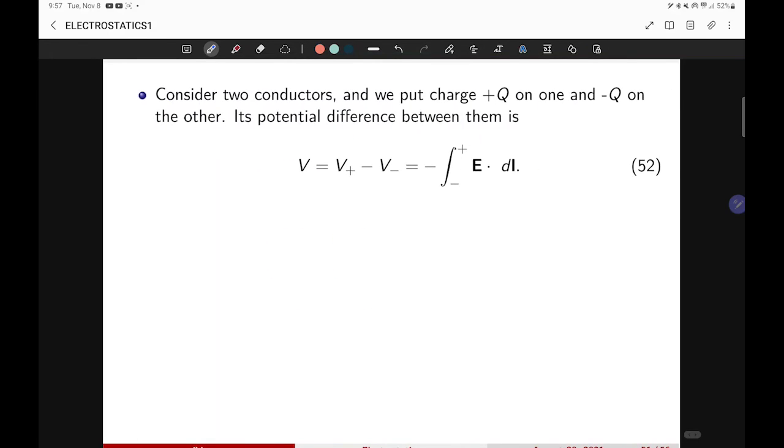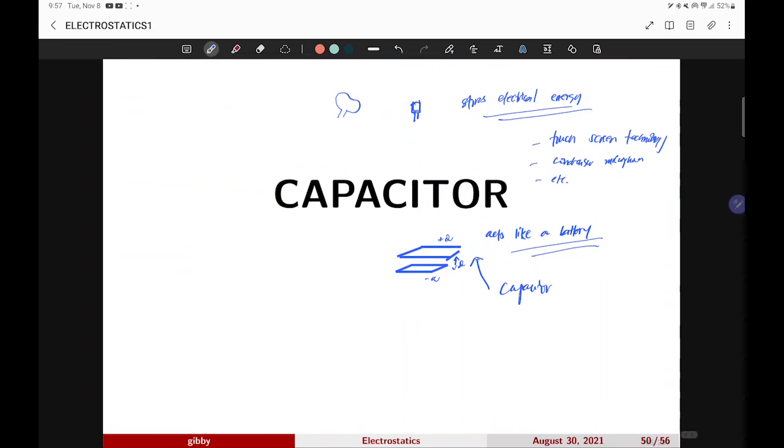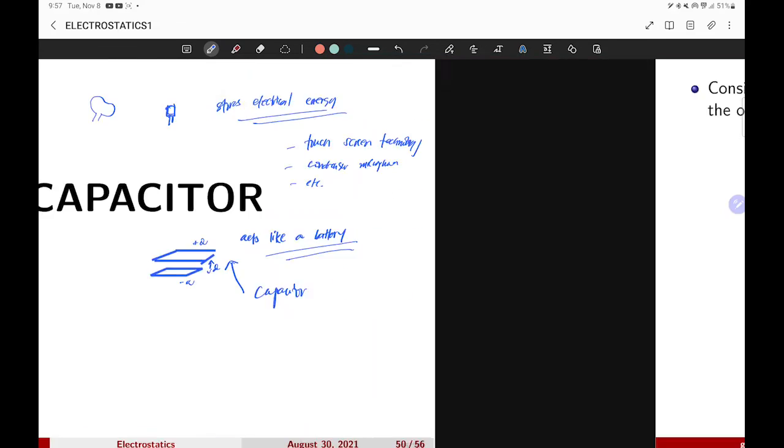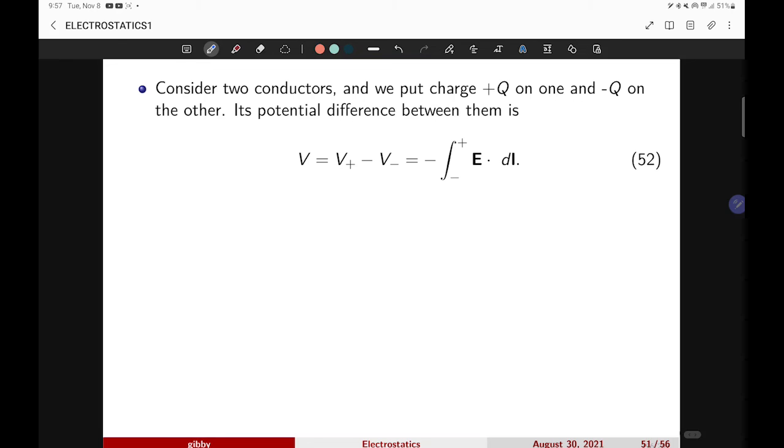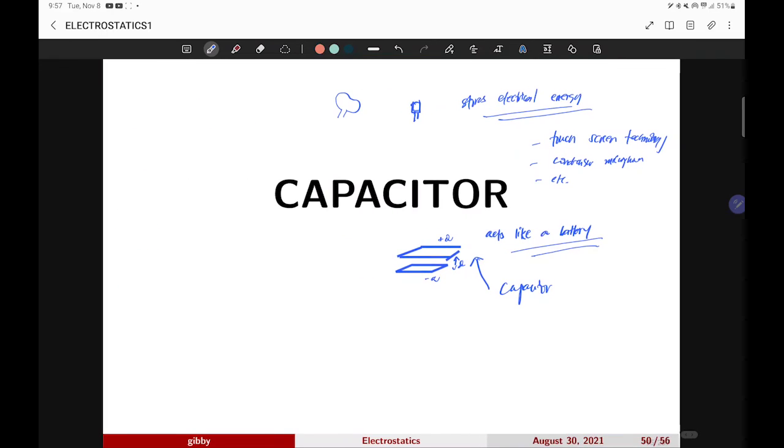So in most fundamental terms, capacitors are just, as what I've said kanina, kaning duha ka charge separated by a certain distance d. And we can calculate the potential difference between them, which is given by equation 52. Okay? Meaning na ako'y potential sa taas, na ako'y potential sa ubos.